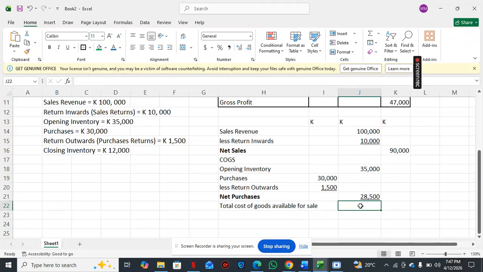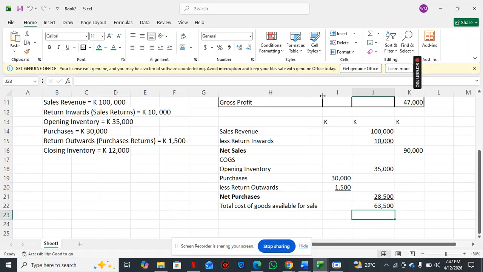That is your opening inventory plus your net purchases. You're going to get 63,500.